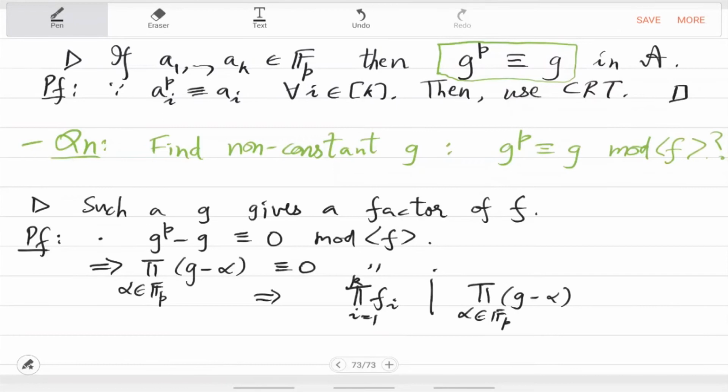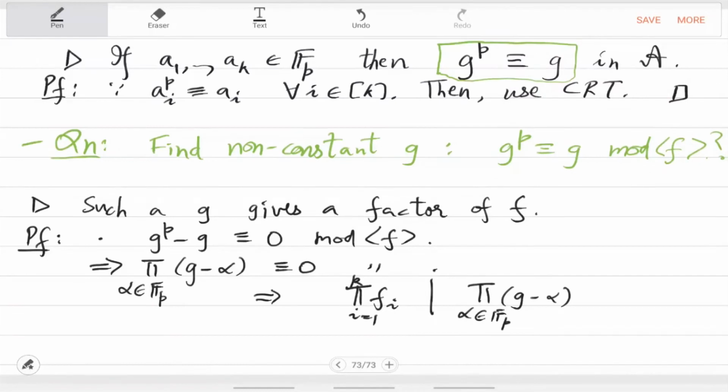divides the product of g minus alpha. Which means what? If you take the GCD of g minus alpha with f and try this for all alpha, is there any hope of that factorizing f? When will all those GCDs fail to factorize f? We are assuming that f is reducible, otherwise the irreducibility test would have already said irreducible.